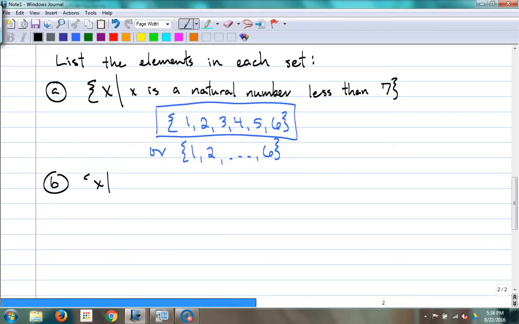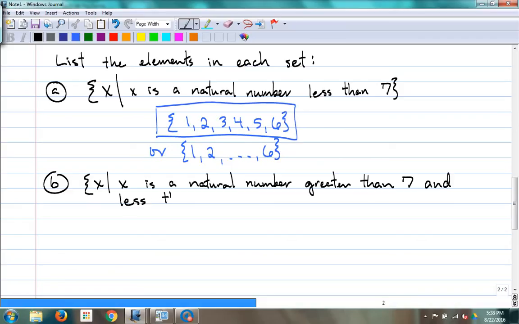X such that X is a natural number greater than 7 and less than 14.